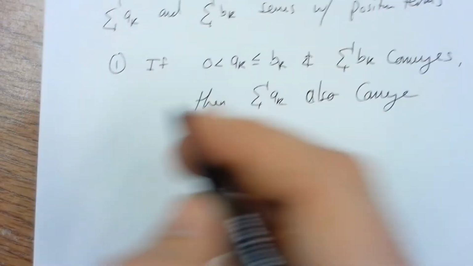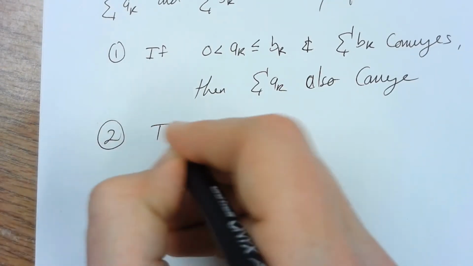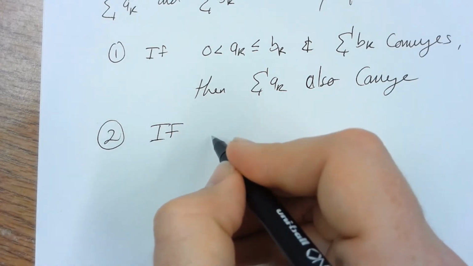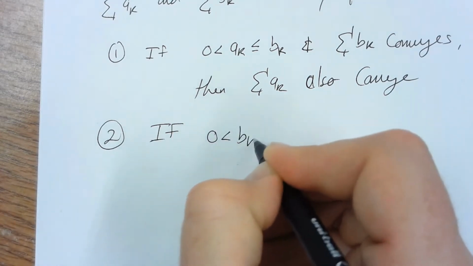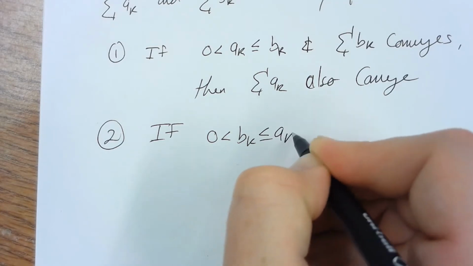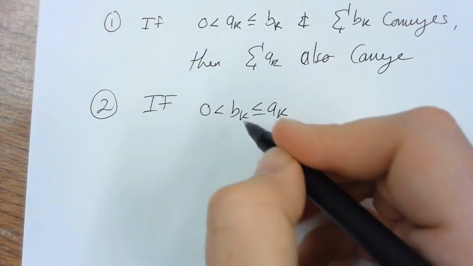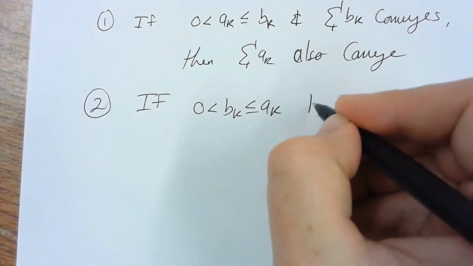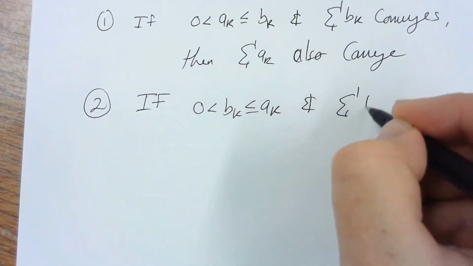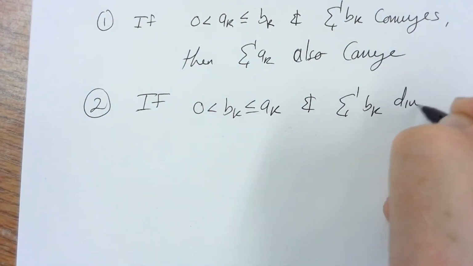The secondary statement of the comparison test is that if instead I have 0 is less than b sub k is less than or equal to a sub k, and again, the idea is we're still given a sub k, and we're still bringing b sub k to the table, and I can also then conclude that b sub k diverges this time.